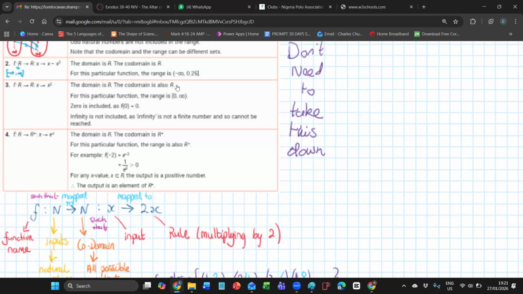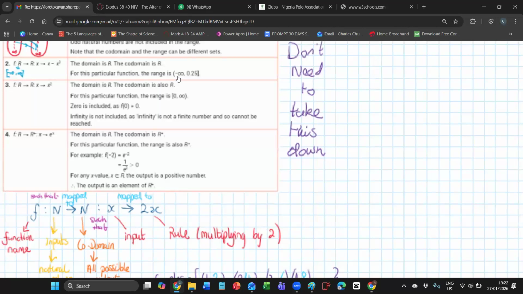And so that is why you can see that the range is saying negative infinity to 0.25. Okay, hold on.